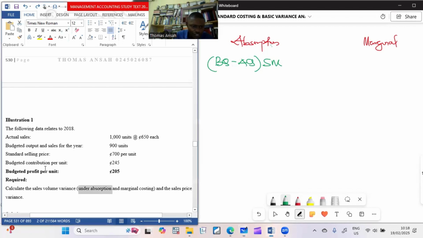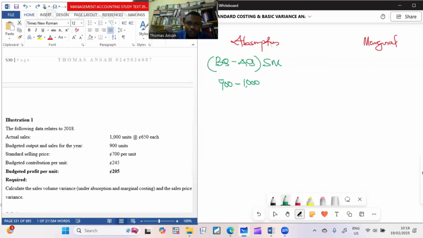So the budgeted profit is here, and here we call it the contribution. We have budgeted output, which is 900, but we were actually able to sell 1,000. Under absorption we pick 205, but here we do 900 minus 1,000 multiplied by 245, because that is the contribution.